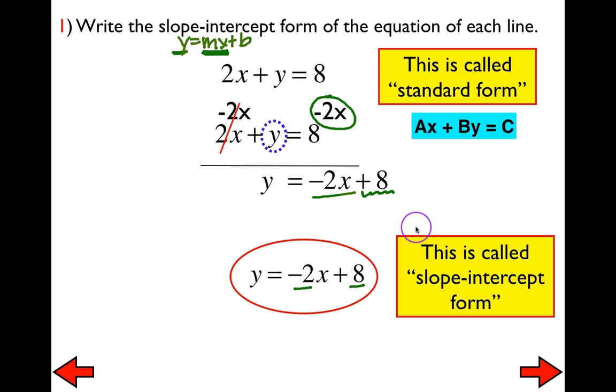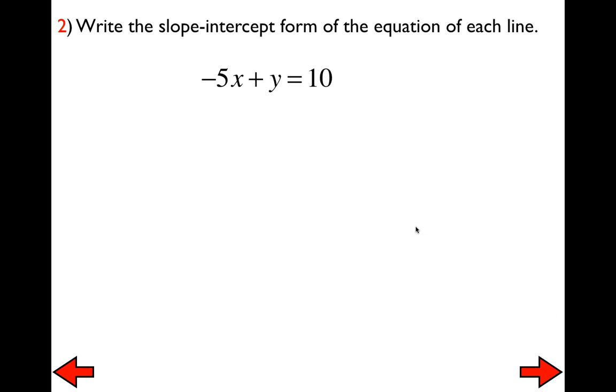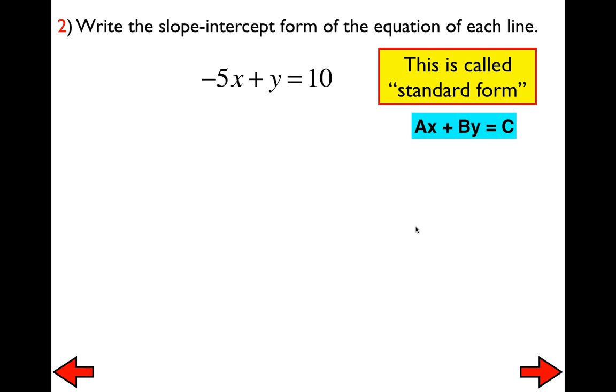Okay, so easy enough. Let's go ahead and try another example. For number 2, we're going to write it in slope-intercept form, given this equation here. Currently, it's in standard form, so that's basically ax plus by equals c. Just a friendly reminder, slope-intercept form is y equals mx plus b. So essentially, I'm trying to isolate the y. In this equation, I'm going to circle y, because that's what I'm trying to isolate. I'm going to get rid of everything else.